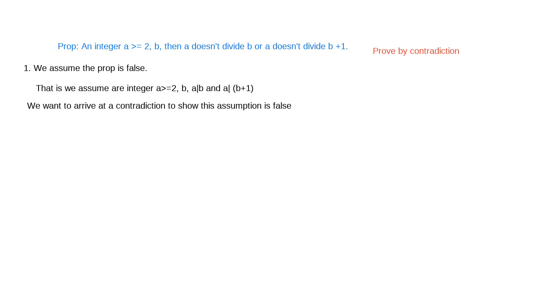Okay. So now what we want is to arrive at a contradiction. So how do we form a contradiction? So step two, A divides B, right?